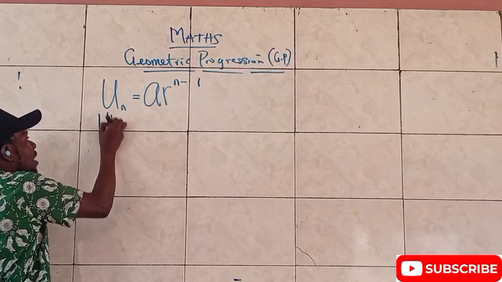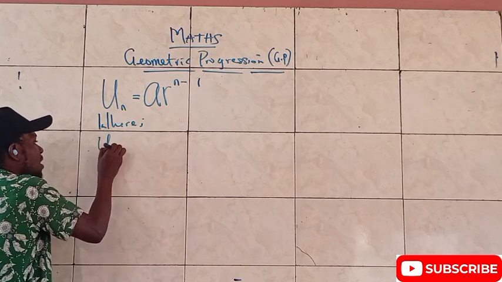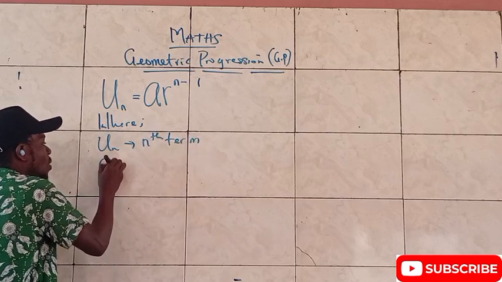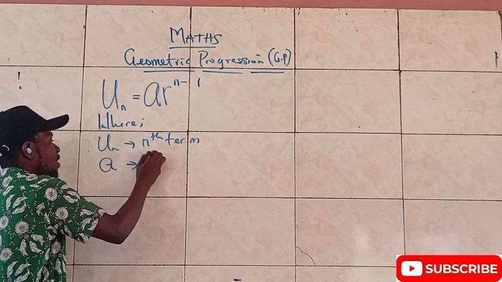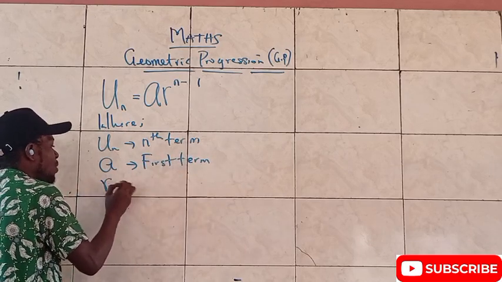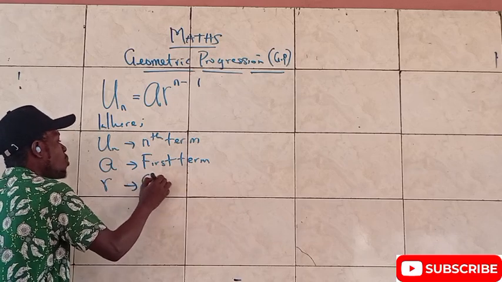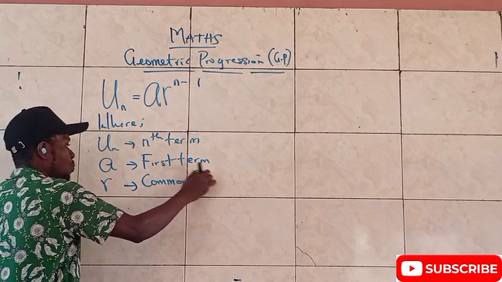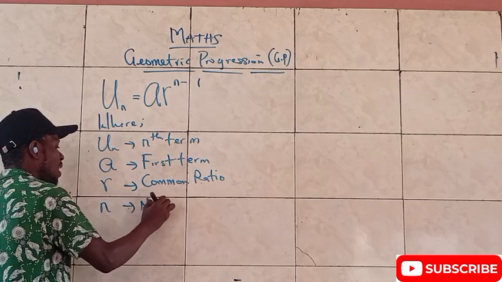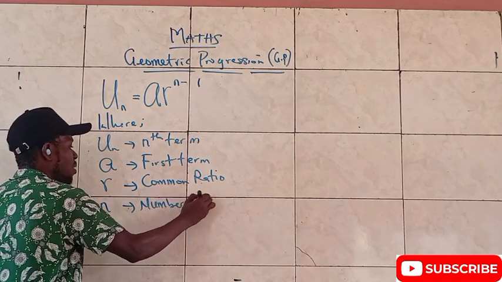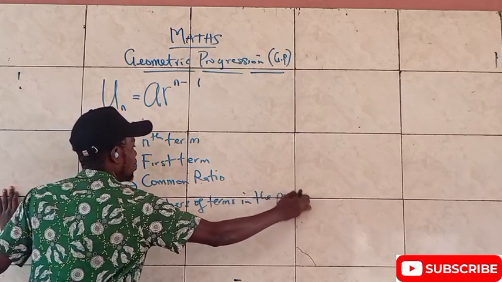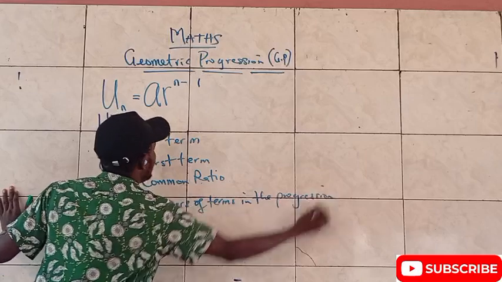Here, un is called the nth term, a is called the first term, r is called the common ratio, and n is the number of terms in the progression or the sequence, as the case may be.